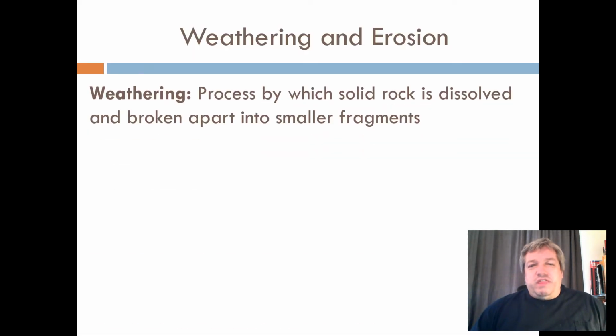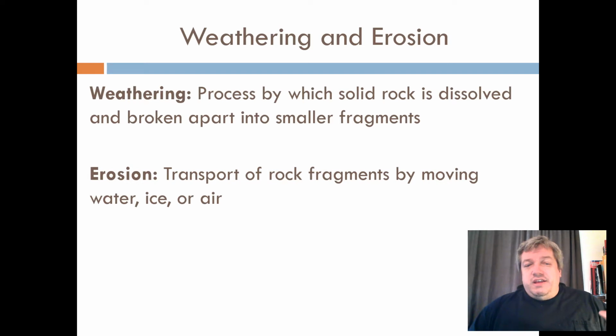But let's get into weathering. Weathering and erosion are very similar, and some people get confused. But weathering is the part where a big solid rock is either dissolved or broken into smaller rocks, so gravel or clasts, and then dust and dirt. A lot of people confuse that with erosion, which is when this broken down material is moved.